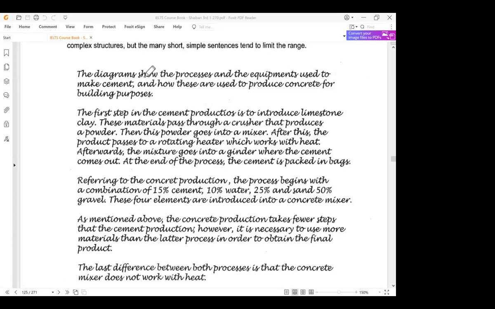And by the way, while you're reading, can you show me where the general overview is?